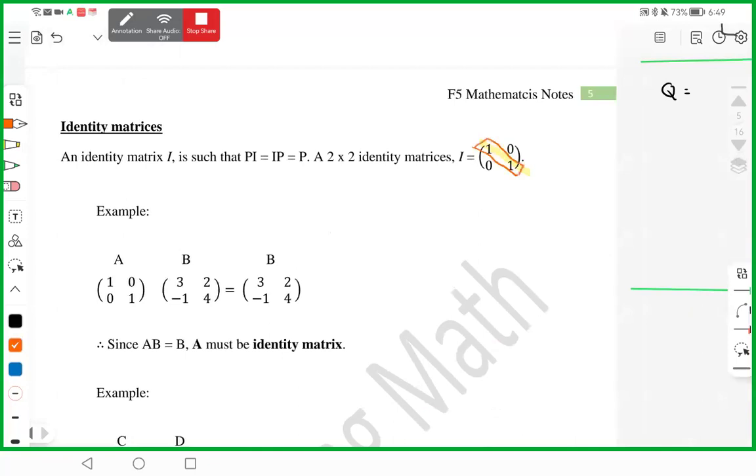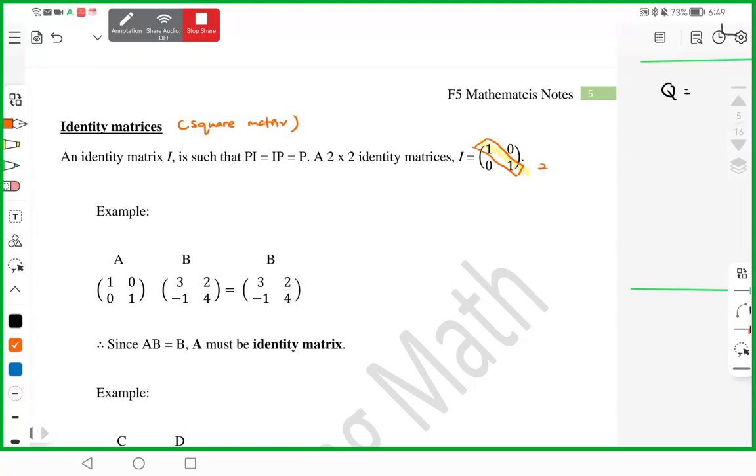Now this identity matrix is also a square matrix. So it will go 1 times 1, 2 times 2, 3 times 3, or 4 times 4. It's in square form. Cannot be 1 times 2 or 3 times 1. It must be a square matrix.